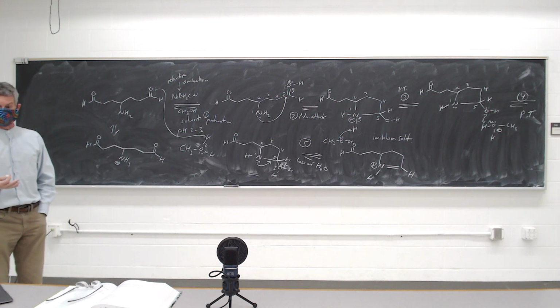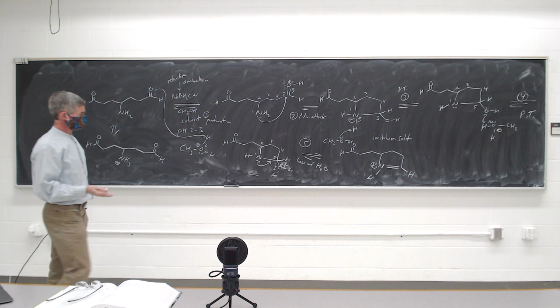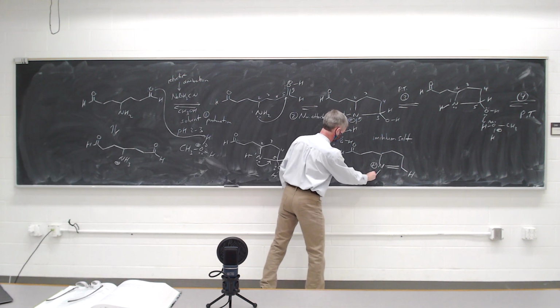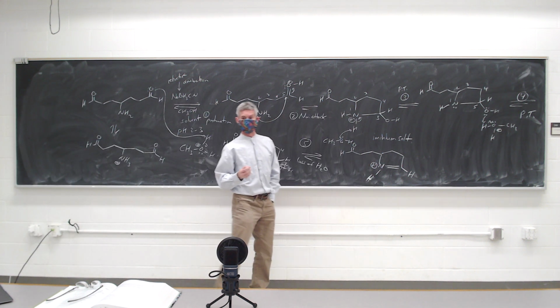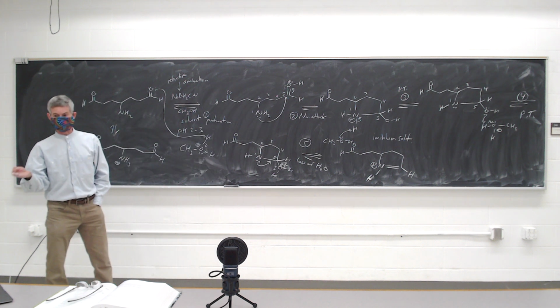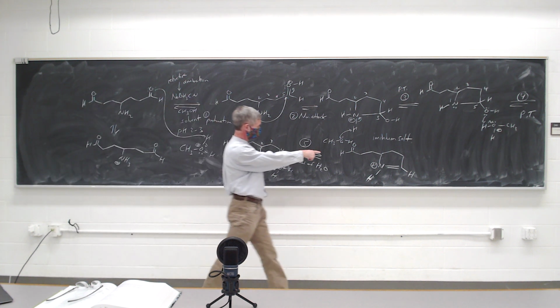If the sodium cyanoborohydride were not here, the last step would be deprotonation, and you'd end up with an imine. But the sodium cyanoborohydride is there, and it intercepts the iminium.